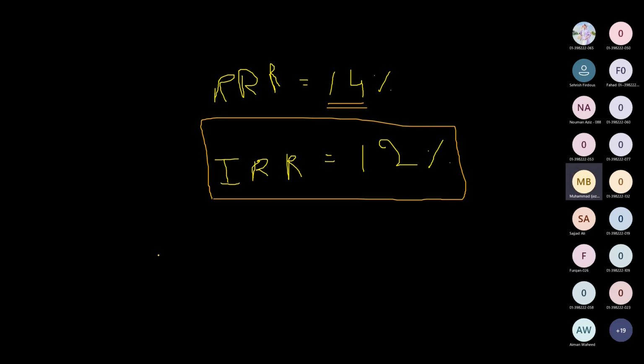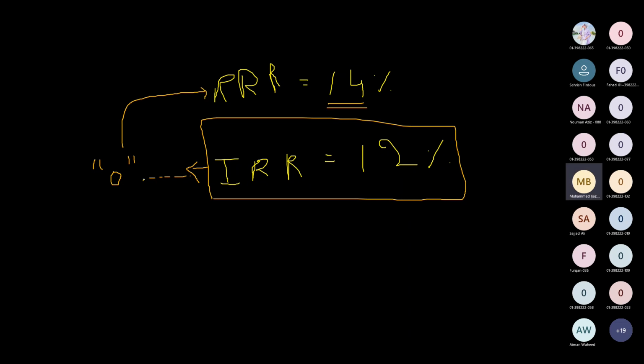Look, what does a lower IRR mean? What I'm saying here is at 12%, what is my NPV? Zero, correct. IRR of 12% means at this rate, NPV is zero.